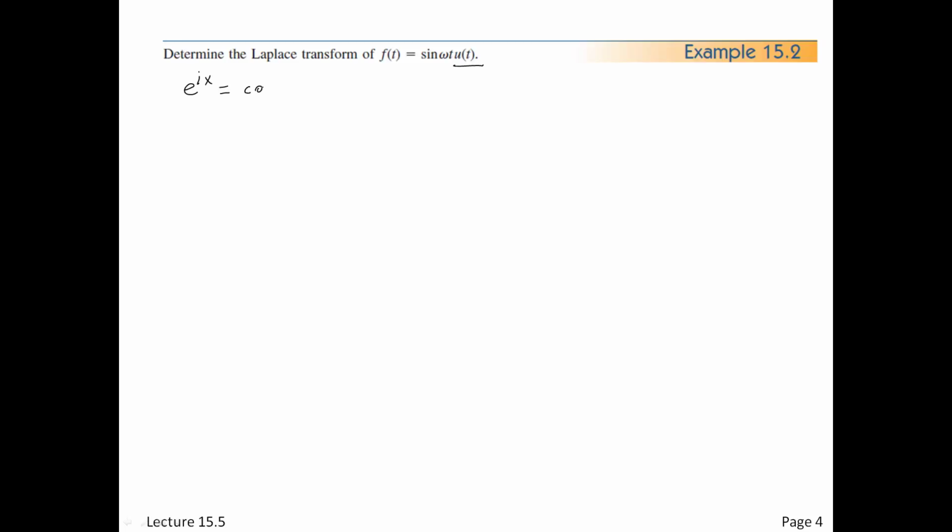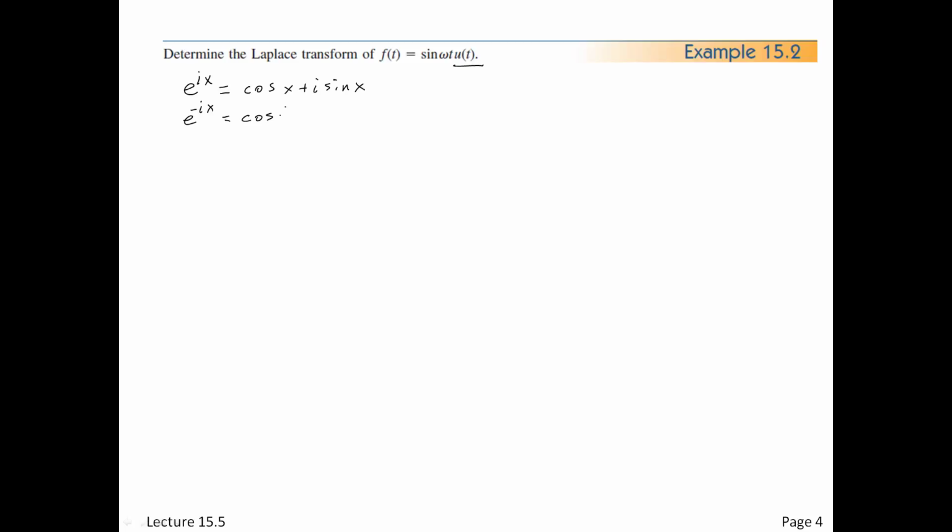You may remember this one, cosine of x plus i sine of x, right? That's just a term I'm used to from, it's j now, but here you have it. So if we do a couple of things, like if we express e to the ix, we could also express e to the minus ix, and that would be what?